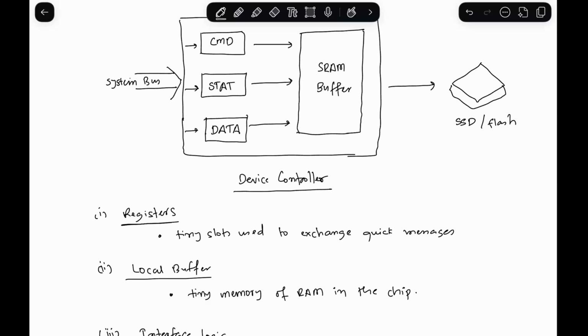The system bus produces data in a parallel manner, but our SSD cannot process so much data at once from the system bus. So it needs some sort of broker or medium in between which translates that parallel data into serial data, and the device controller having interface logic does it for the SSD or any physical USB cable.